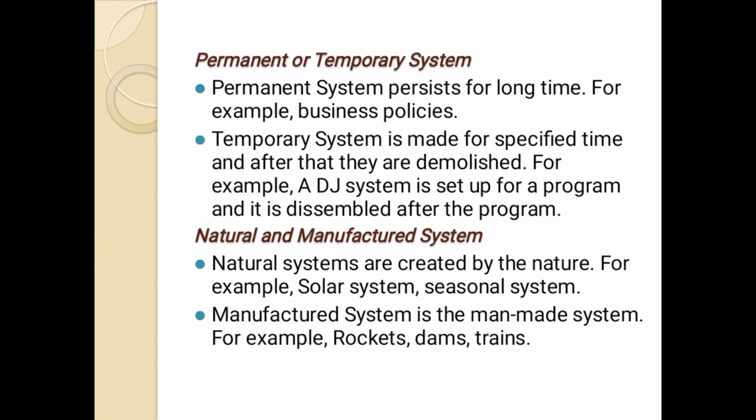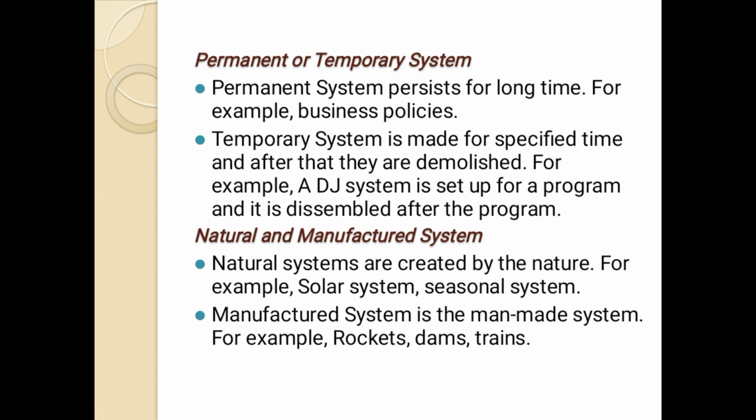Next topic is permanent or temporary systems. Permanent systems proceed for a long time, for example, business policies. Temporary systems are made for a specific time and after that they are demolished. For example, a DJ system is set up for a program and it is disassembled after the program.